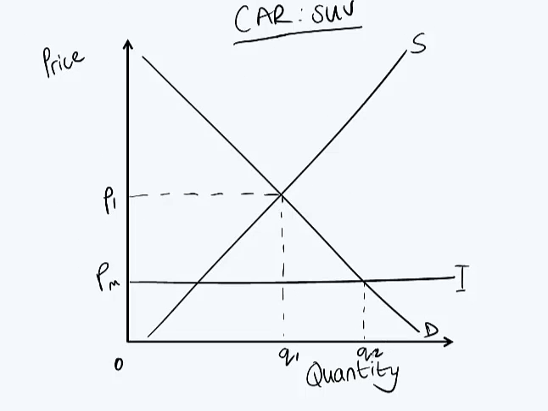So the moment I start trading, domestically a lot more people have cars. My amount of people that drive SUVs increases from Q1 to Q2, but the amount supplied by my local producer decreases to, let's say, Q0. And the difference between those two, Q2 minus Q0, is the amount I import.